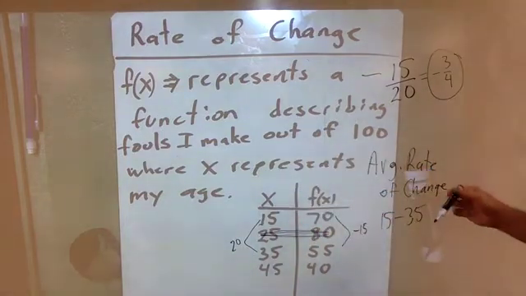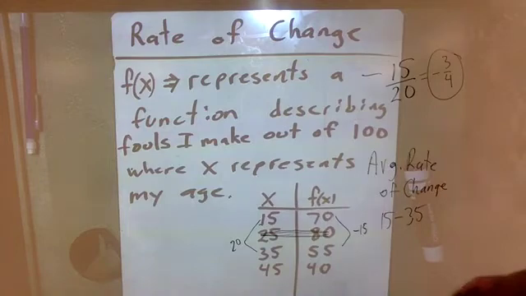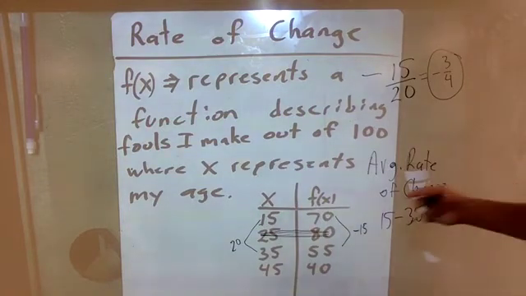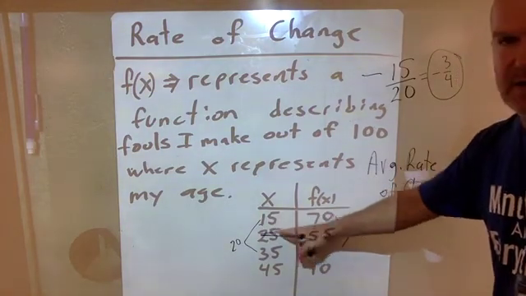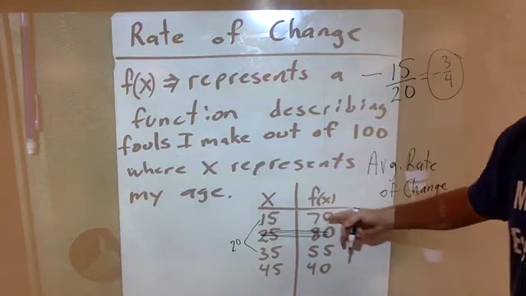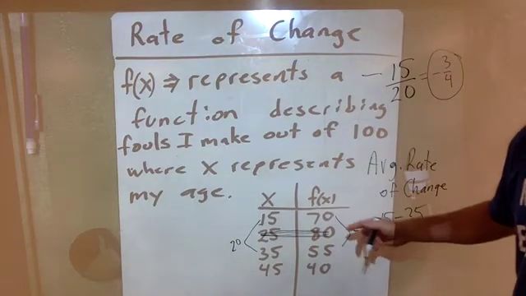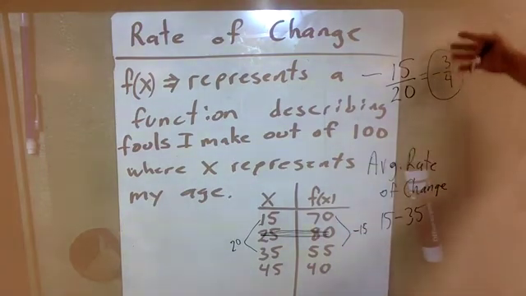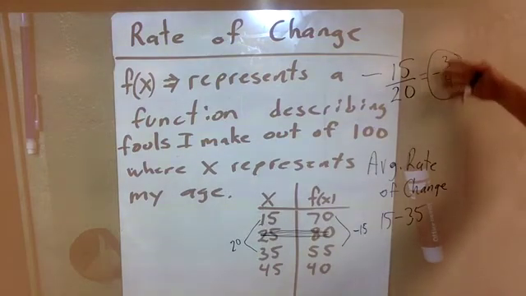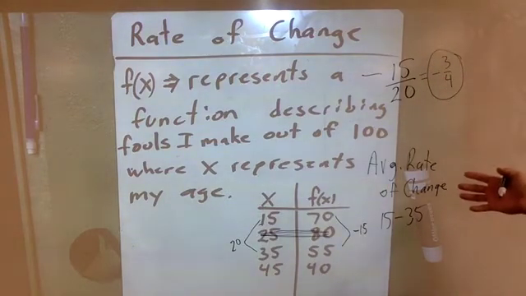On an average now. Remember, this is an average. So it doesn't mean that when I was 19, I made 3 shots less than I did when I was 15. All right. It doesn't follow it constantly. It's not a constant rate of change. It's an average rate of change.